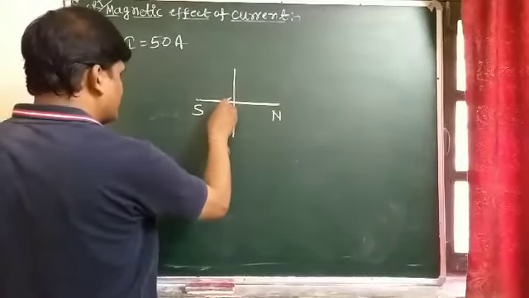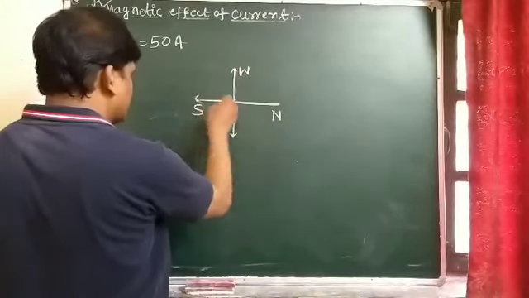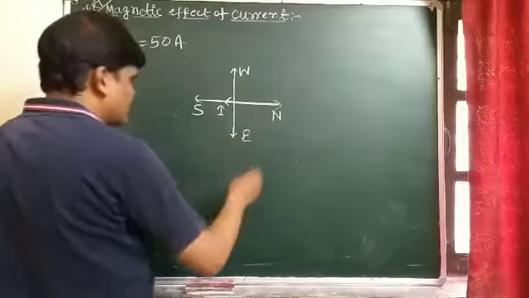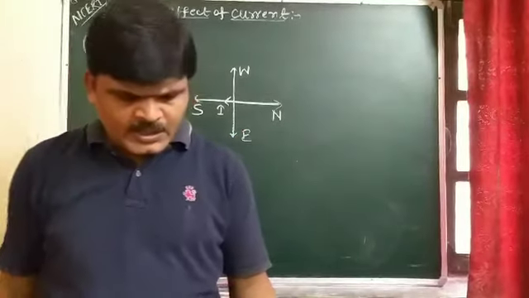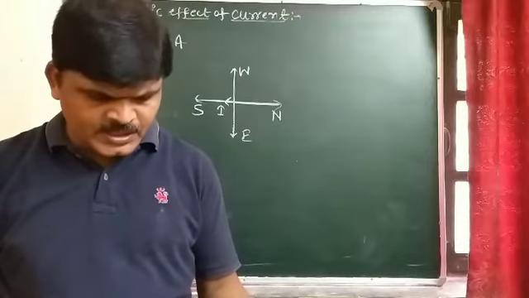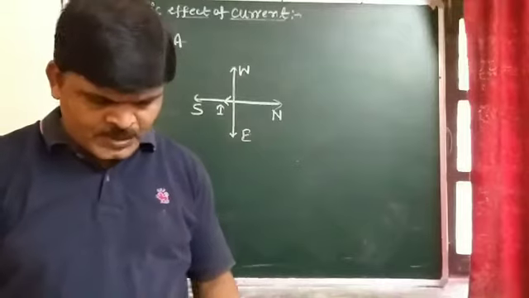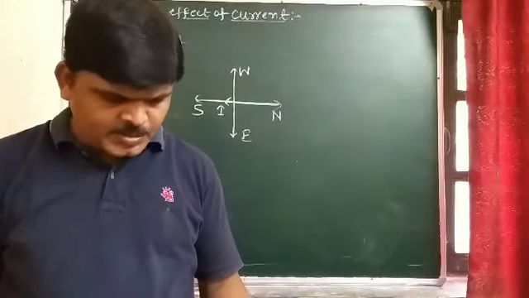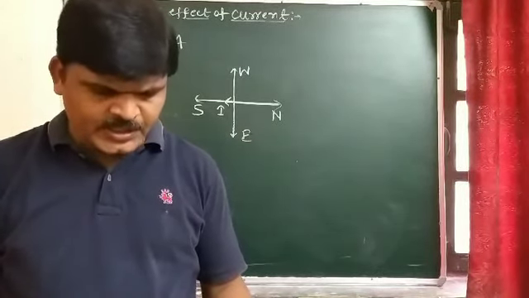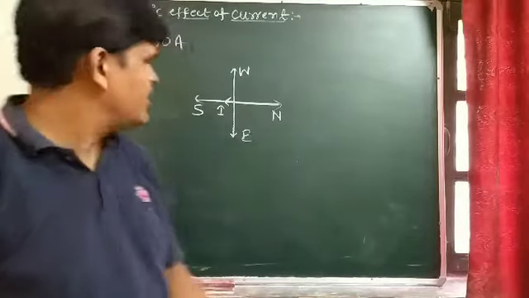Current is flowing from north to south, which is 50 ampere. Give the magnitude and direction of B at a point 2.5 meter east of the wire.